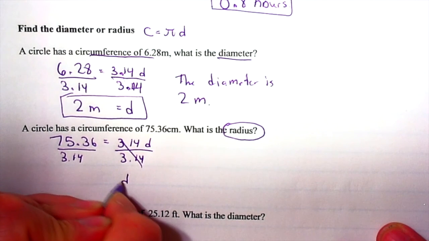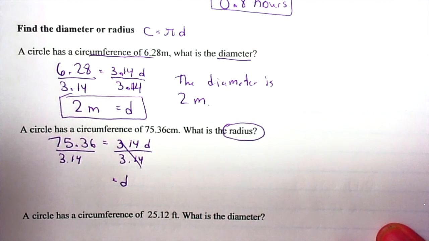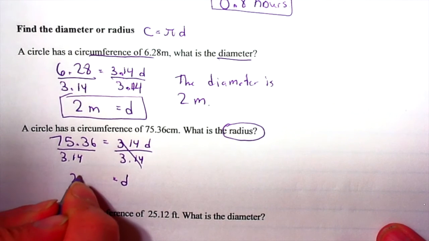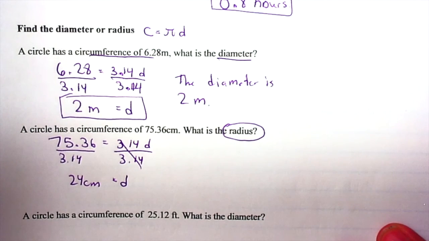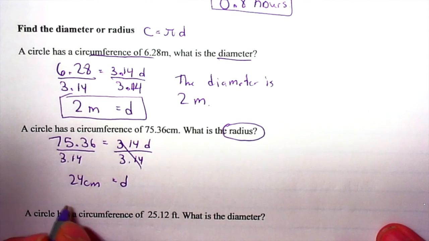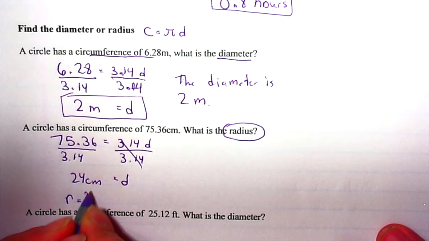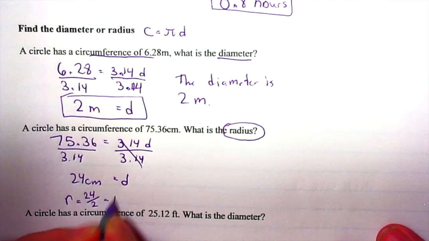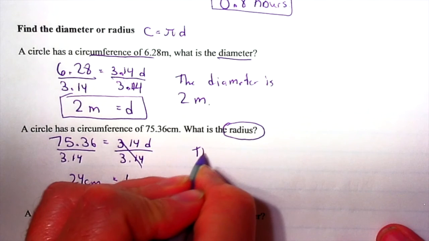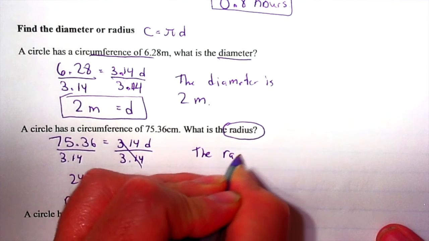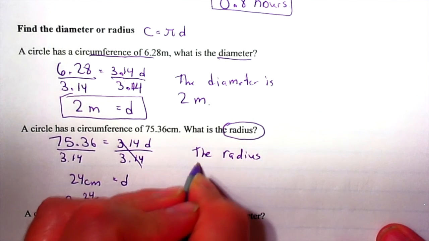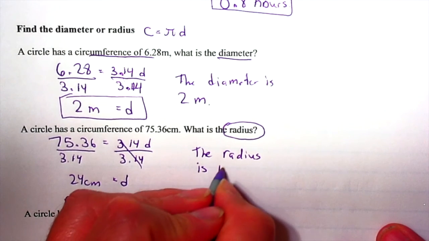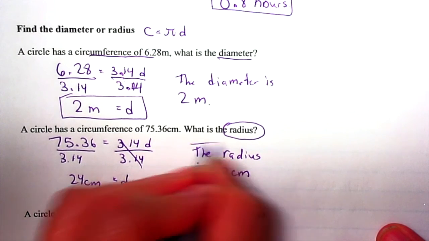That crosses out, my diameter becomes 24 centimeters. But it didn't ask me for the diameter, it asked me for the radius. Well, the radius is really just that diameter, that 24 divided by 2, which is 12. So the radius is 12 centimeters.